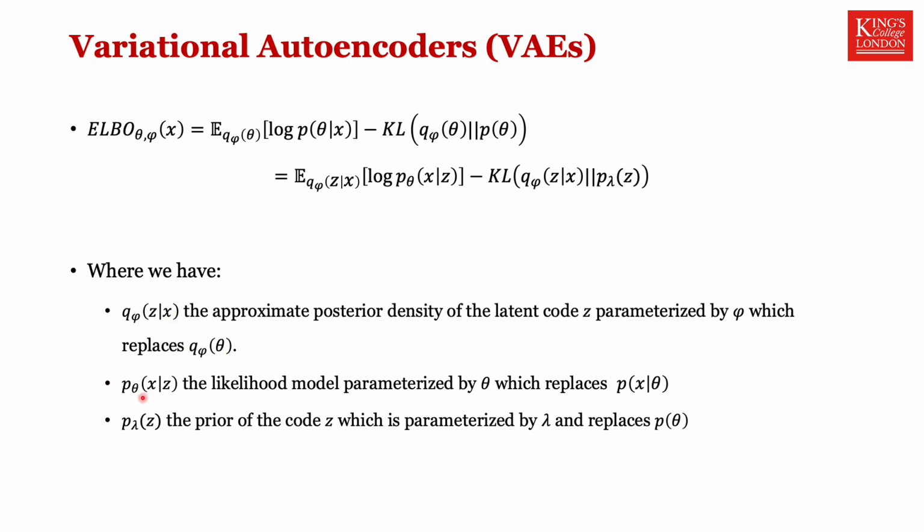The second term is p of x given z, which is the likelihood of the model, in this case parameterized by theta, and this replaces p of x given theta. And the last part is p of z, which is the prior code of z, which in this case is parameterized by lambda and replaces the p of theta that you've seen before.